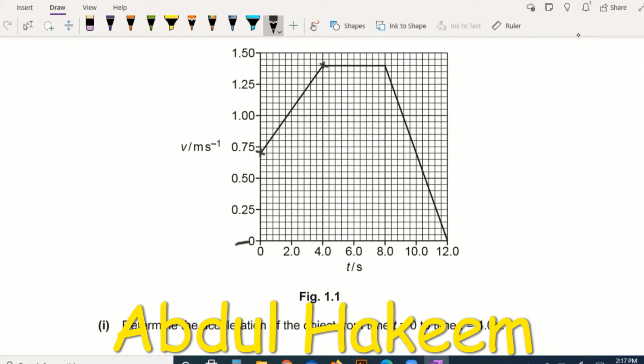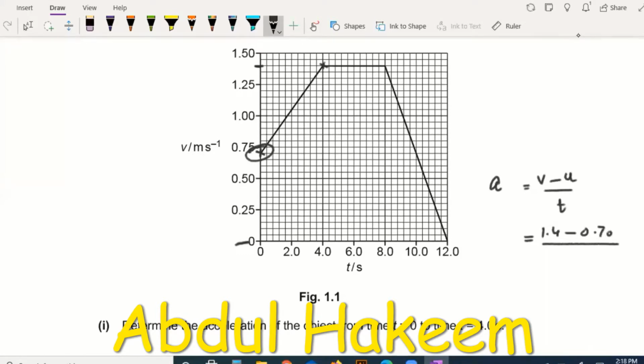So the gradient: y = mx + c. We write acceleration is equal to change in velocity divided by time. The final velocity is 1.4 minus the initial velocity, which is 0.70, divided by the time taken, which is 4.